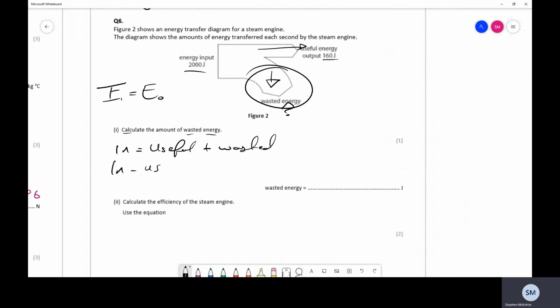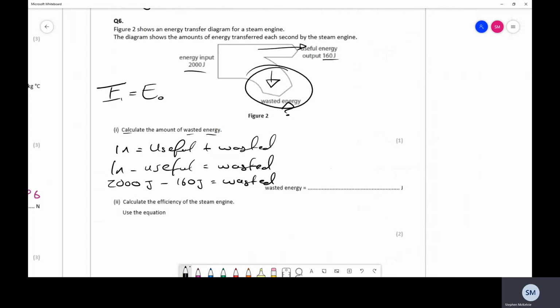In minus useful will equal wasted. 2000 joules take away the useful energy, 160 joules, will equal the wasted.